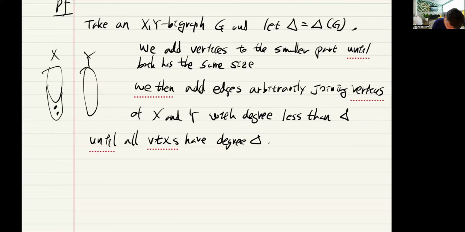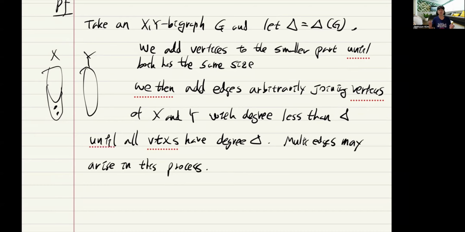I mean, here we consider the multigraph. Multi-edges may arise in this process. It's easy to check that this is possible. If this is not delta-regular, then there must be two vertices with low degree, one in X and one in Y. You add an edge.